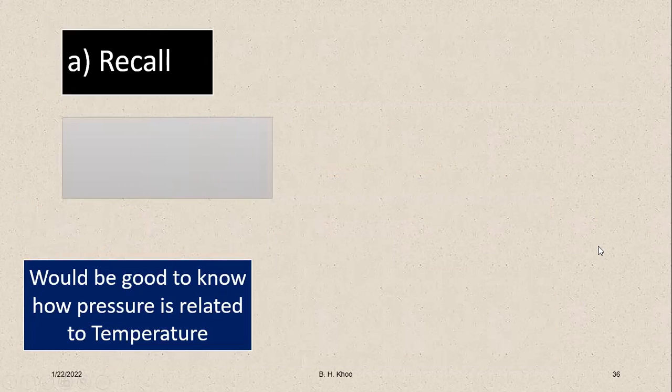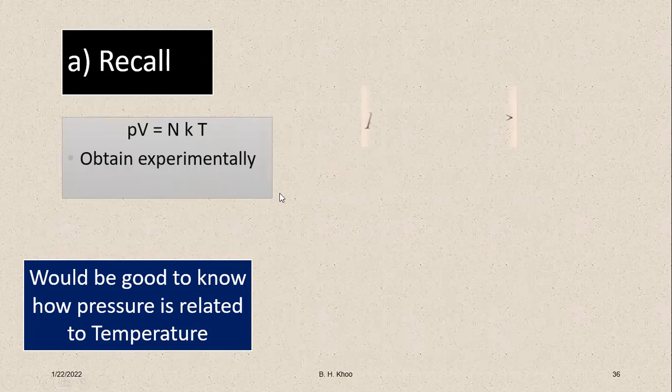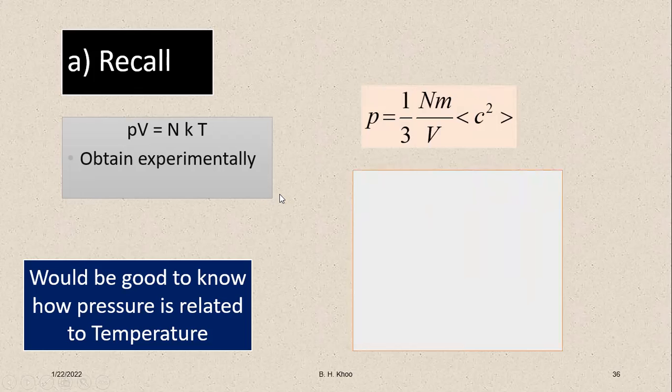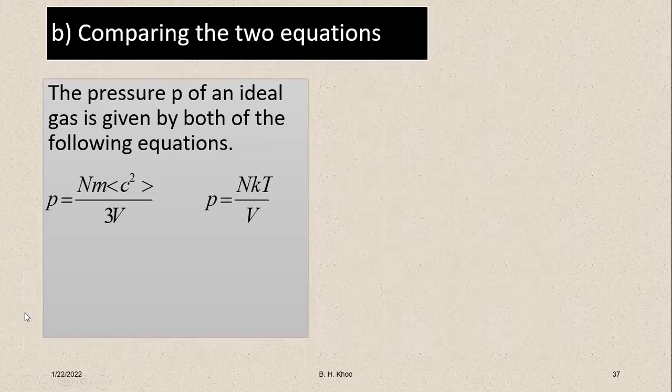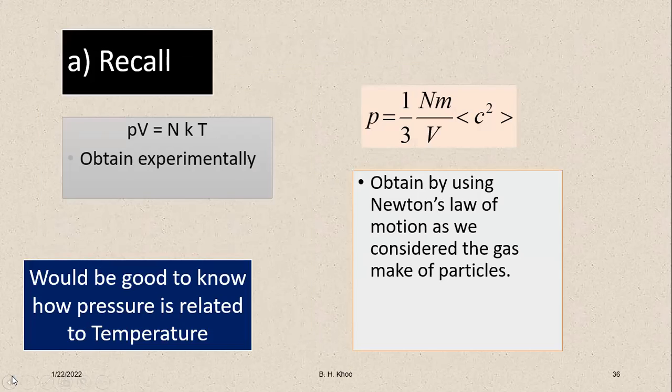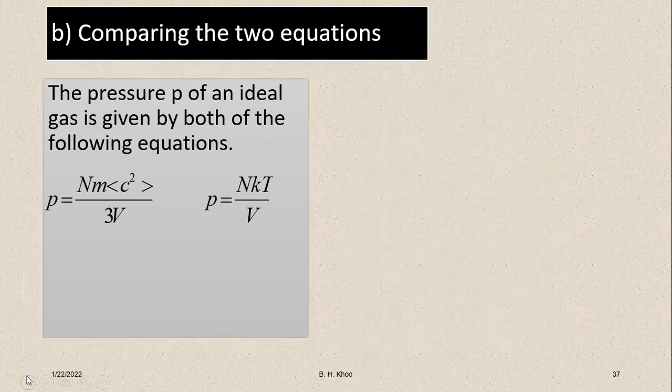Recall, we have derived this formula for you just earlier. This one we obtained experimentally. This one we obtained from Newton's law of motion, considering the particle as mass, speed, and number of particles.